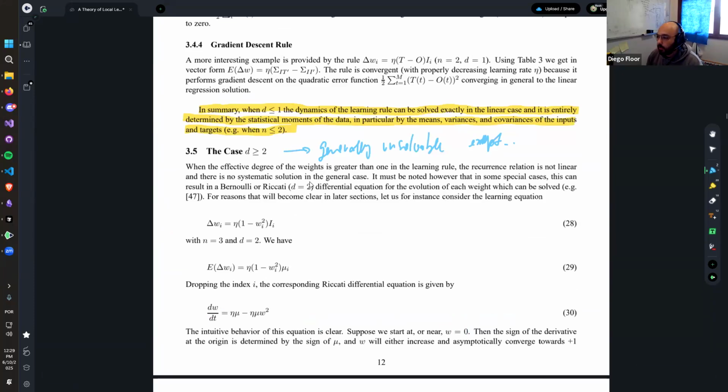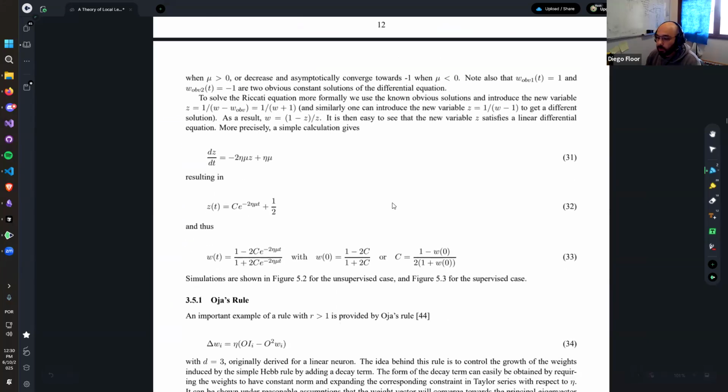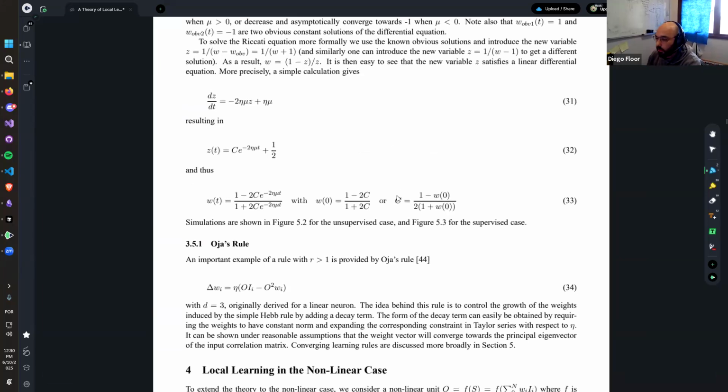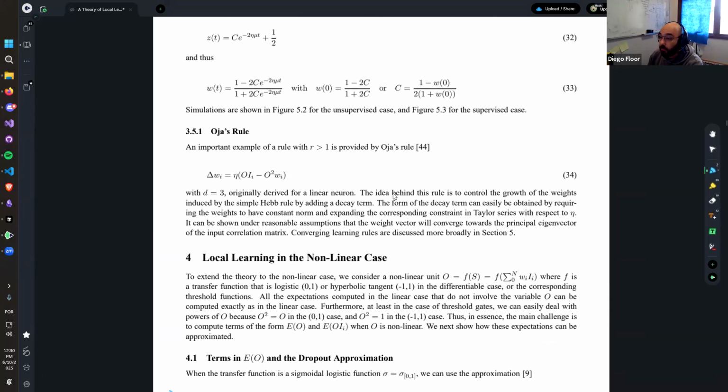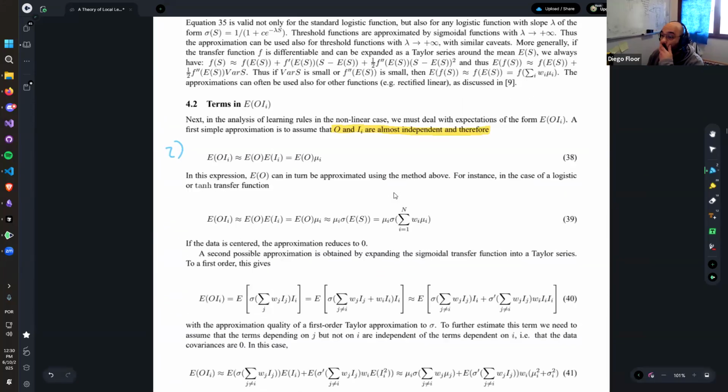Except for a few specific cases, like for the Riccati, which we just saw, but they are not going to look at them too much because the whole point of the paper is doing things analytically. Yeah, right. But anyway, let me see what's the next important bit.